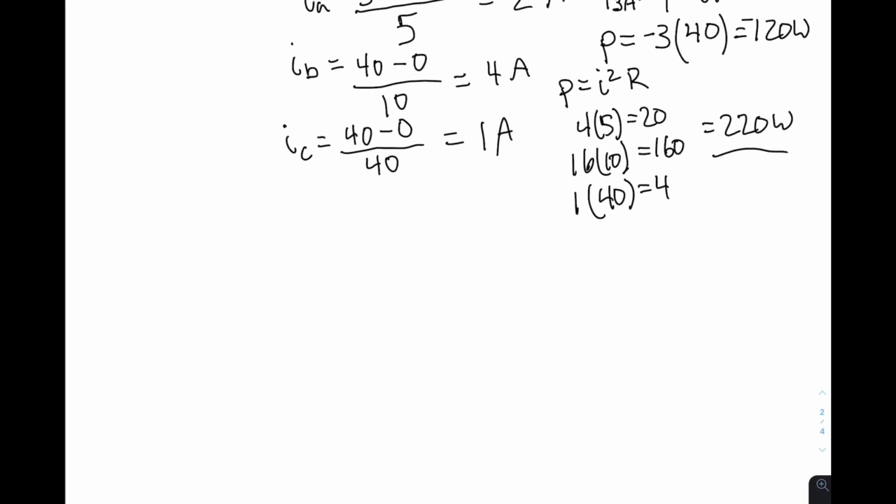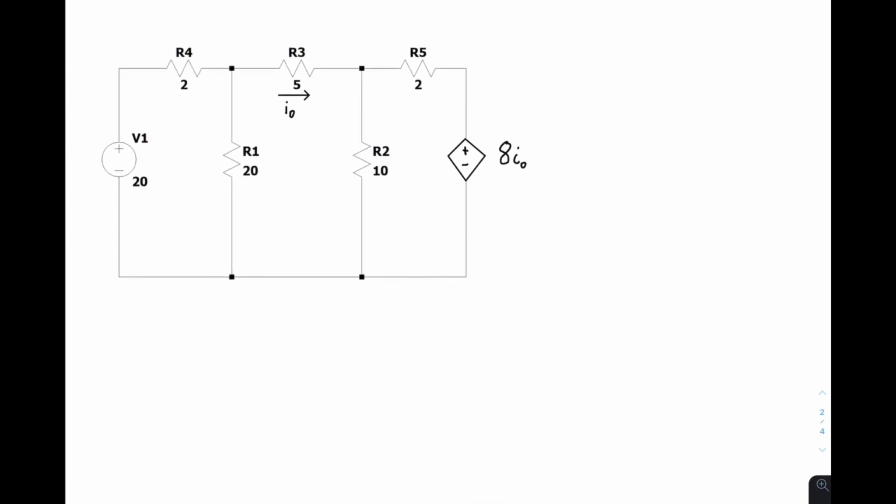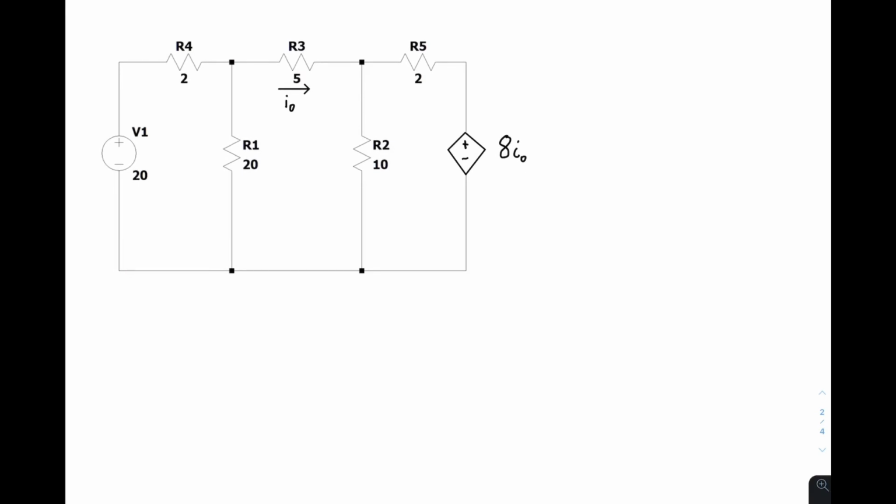The next example, we're going to be doing nodal analysis, but with dependent sources. First, you can notice that there's 3 essential nodes, so we're just going to name them. We have V1 and V2, and then our third node we're going to indicate as the reference node. So right off the bat, you're going to see that you need 3 minus 1 equals 2 equations to solve this circuit.